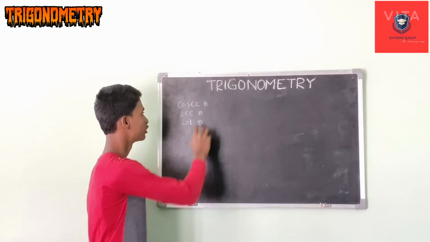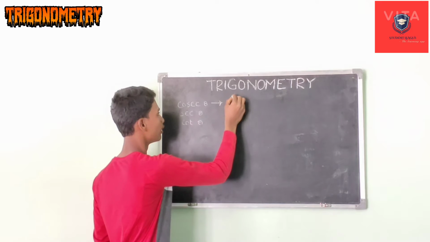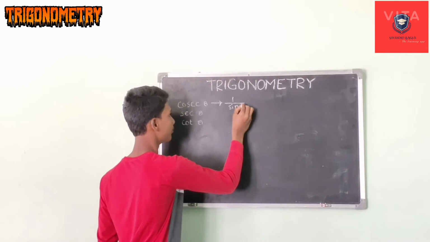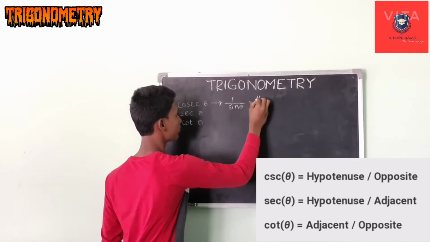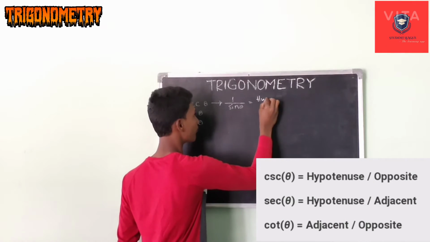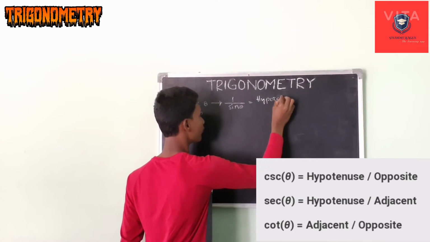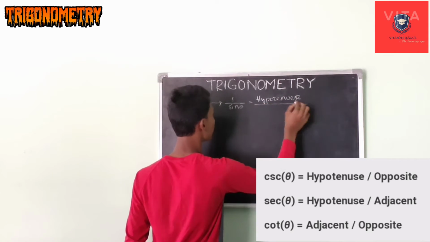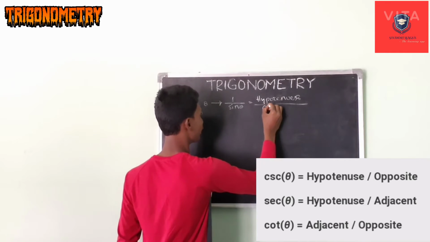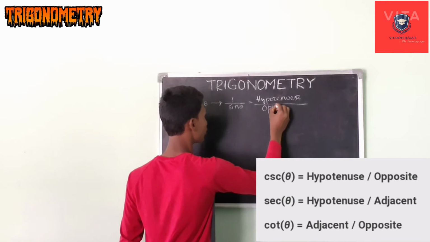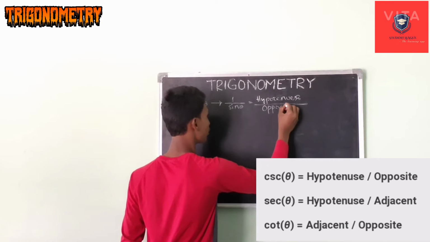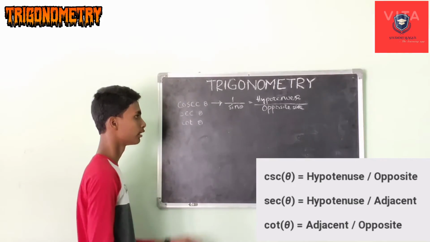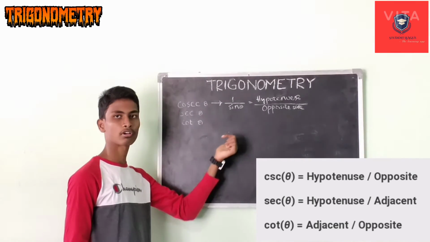Cosecant theta is the reciprocal of sin theta, which means hypotenuse by opposite side.